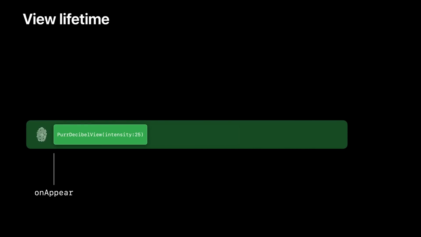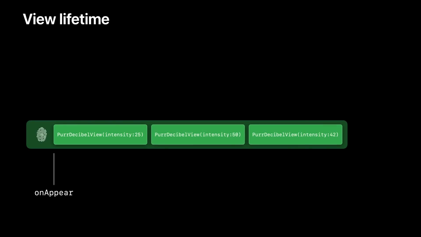What is important to understand here is that the view value is different from the view identity. View values are ephemeral, and you should not rely on their lifetime. But what you can control is their identity. When a view is first created and it appears, SwiftUI assigns it an identity using a combination of the techniques discussed before. Over time, driven by updates, new values for the view are created.